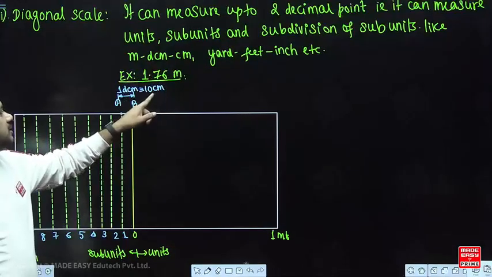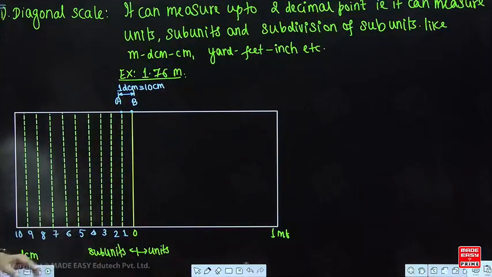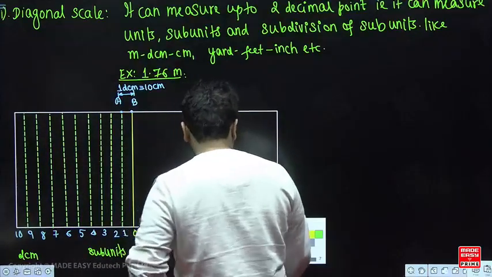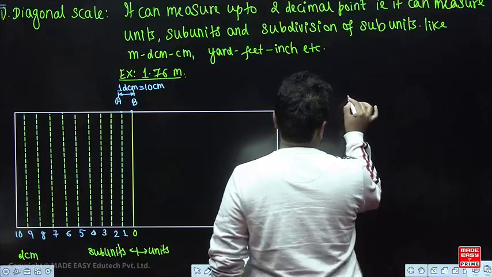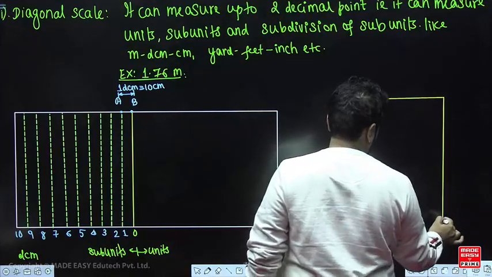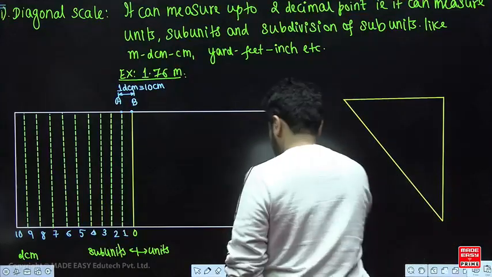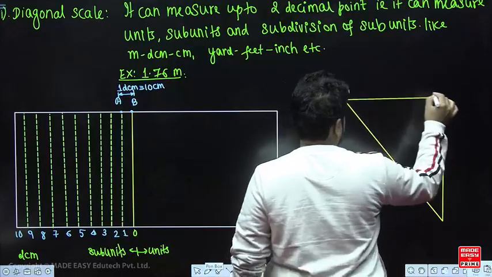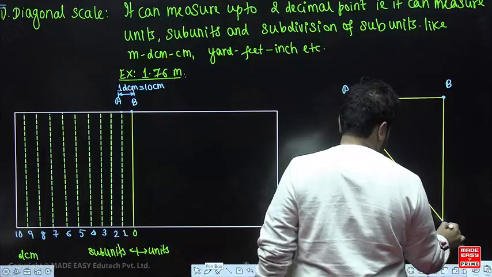So 1 meter, decimeter and centimeter will be there, right? Okay. So let us see how to do this, fine. For this, what I will do is, let us say this point is your A, this point is your B and this point is your O, correct?